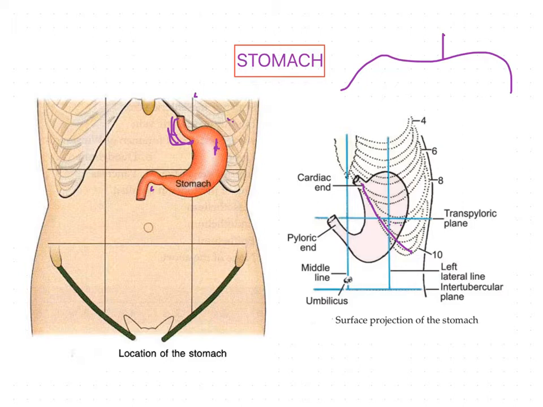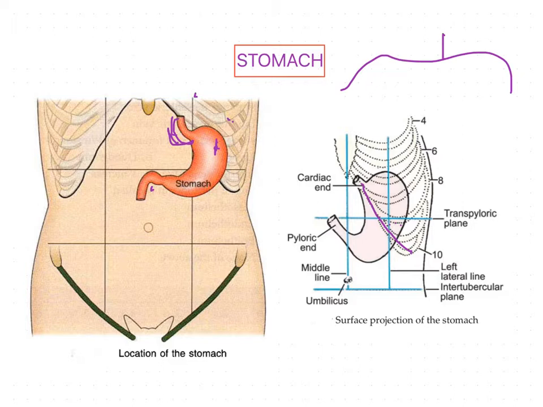If the stomach is empty, there is not much distension. Or if the other visceral organs are accumulated with fat, then also the shape of the stomach changes.